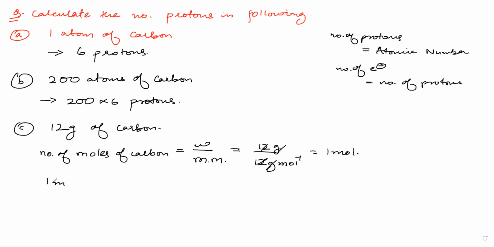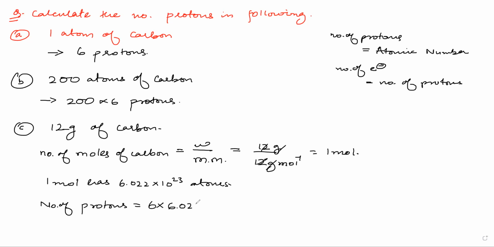Now we know 1 mole has 6.022 into 10 to the power 23 atoms. So 1 mole of carbon will have this many atoms. So number of protons will be equal to 6 into 6.022 into 10 to the power 23 protons. Correct? Any doubt till now?